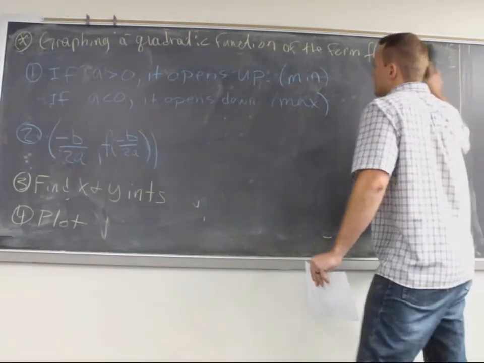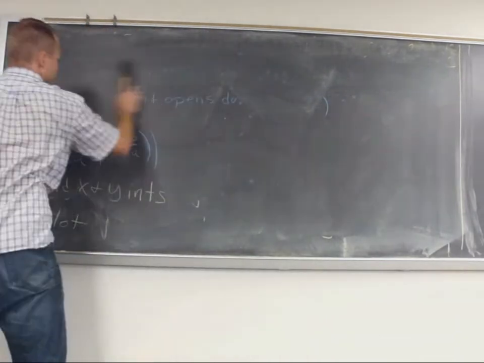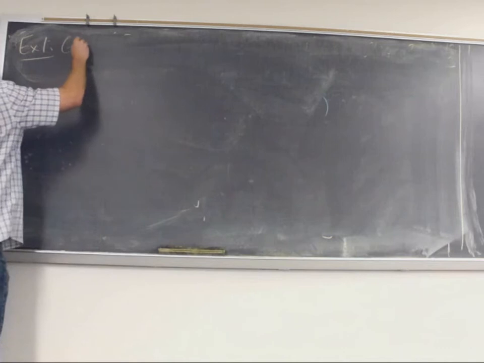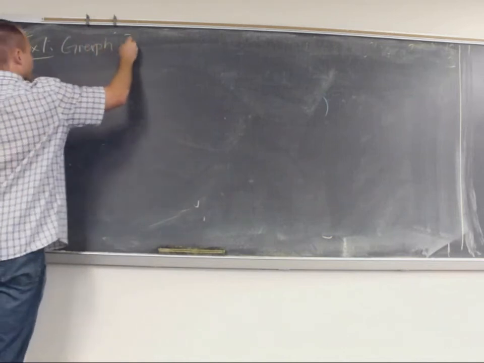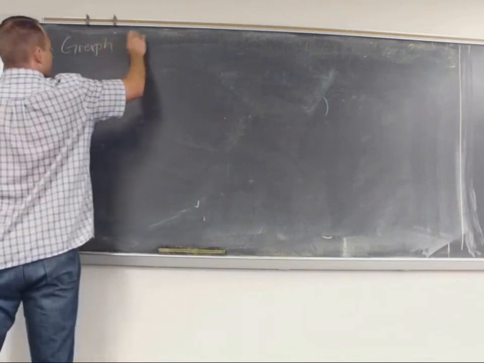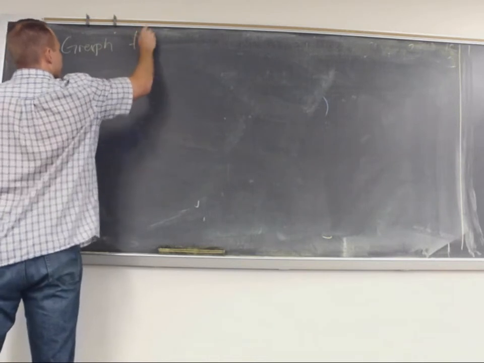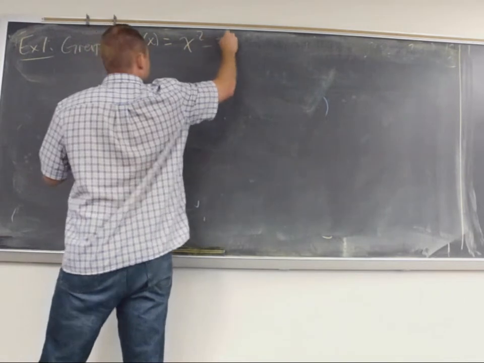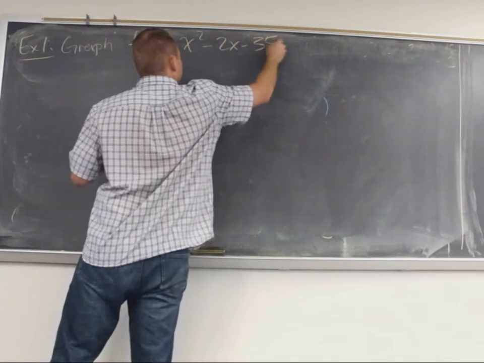All right. Let's look at an example. Example 1, excuse me. Graph, let's call it f of x equals x squared minus 2x minus 35.